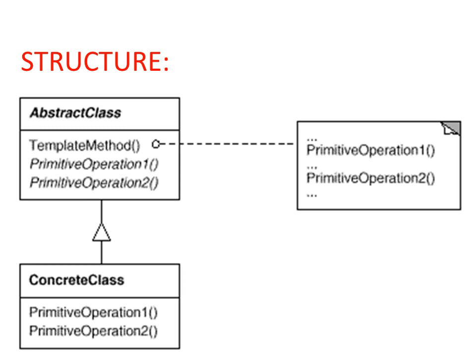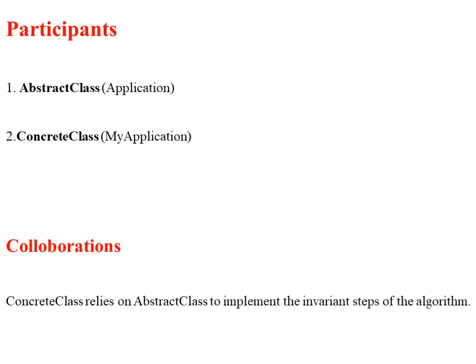Next, coming to the next template, participants. There are two participants from the structure: the abstract class and the concrete classes. Generally the abstract class is application and the concrete class is my application, or the abstract class is document and the concrete class is my document. The abstract class defines primitive operations that concrete subclasses define to implement steps of an algorithm.